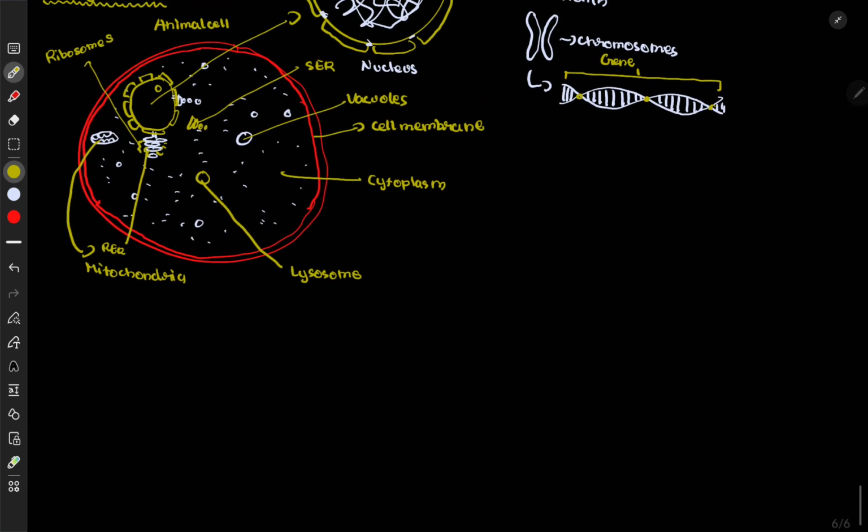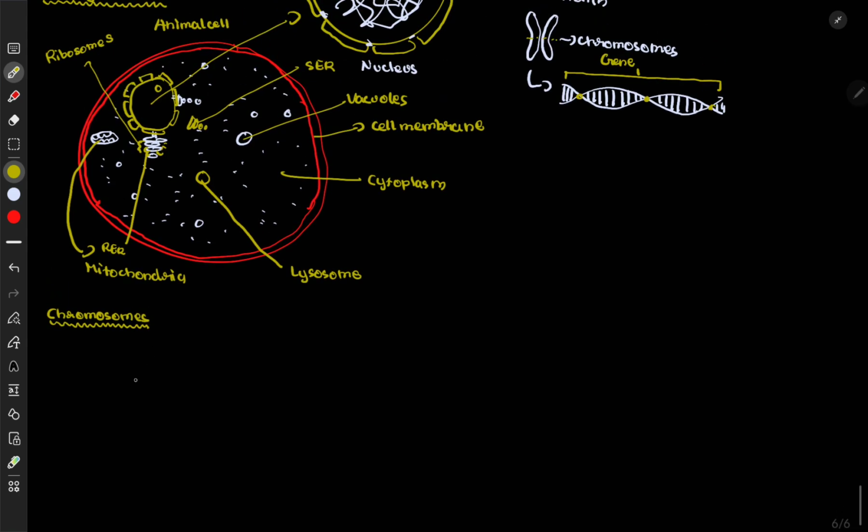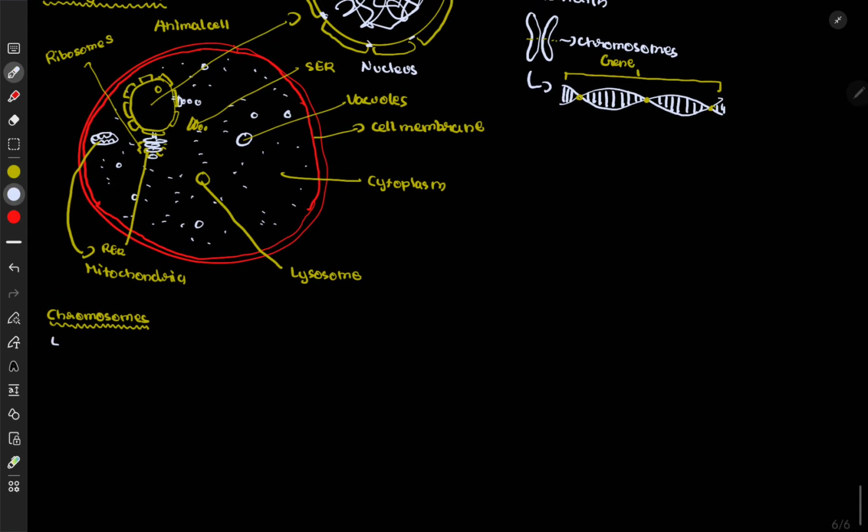Now if we dive deeper into chromosomes, we have two arms, one on each side. They usually meet at a point called the centromere.